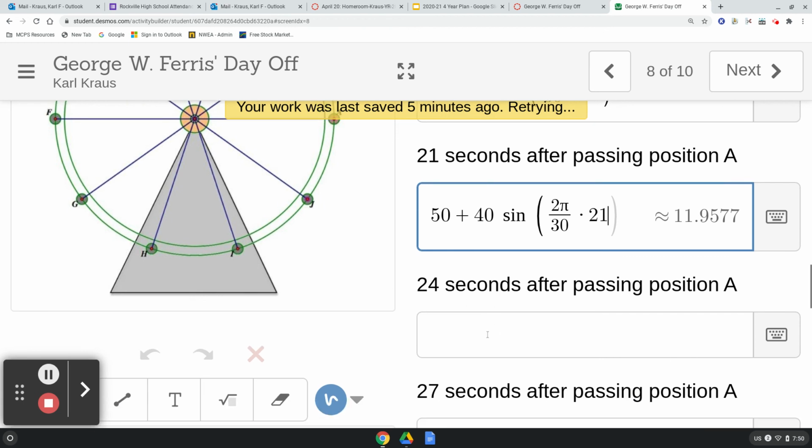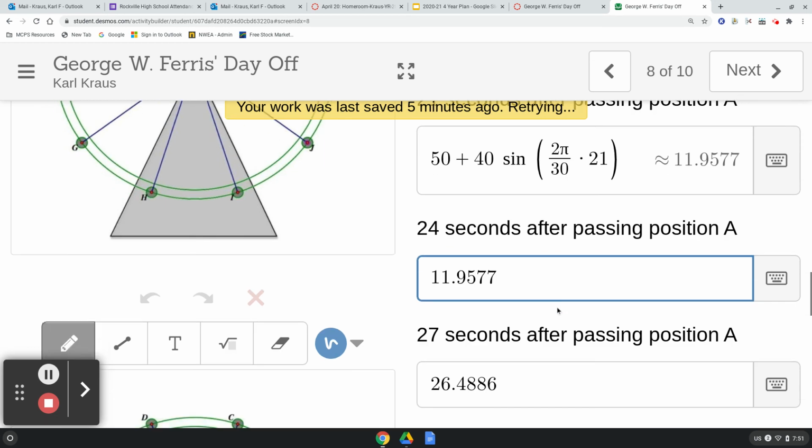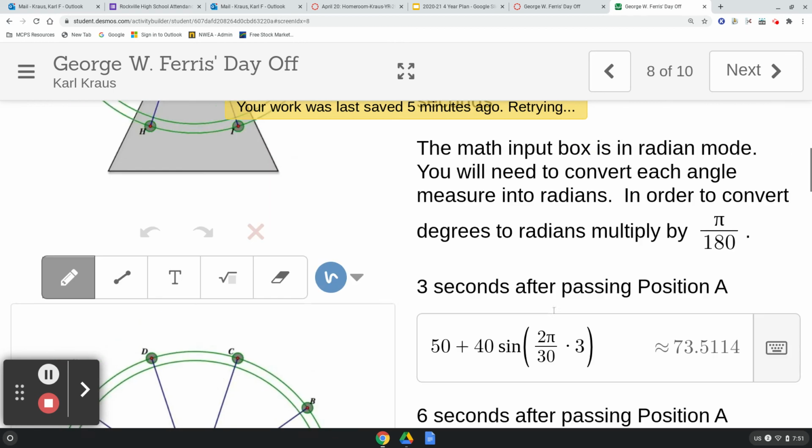This is going to be the same as 24. So I got the whole thing filled in now.